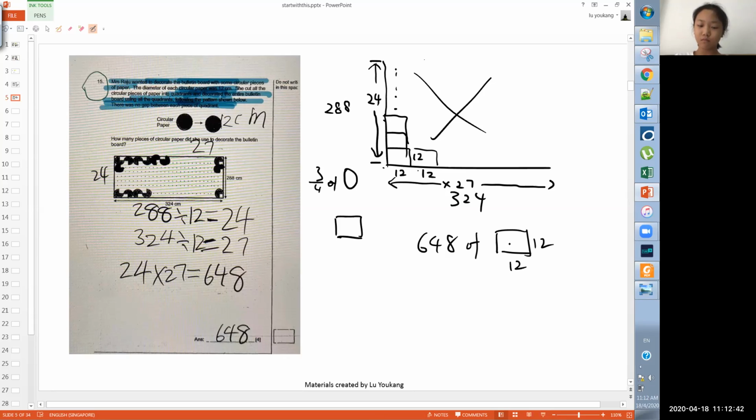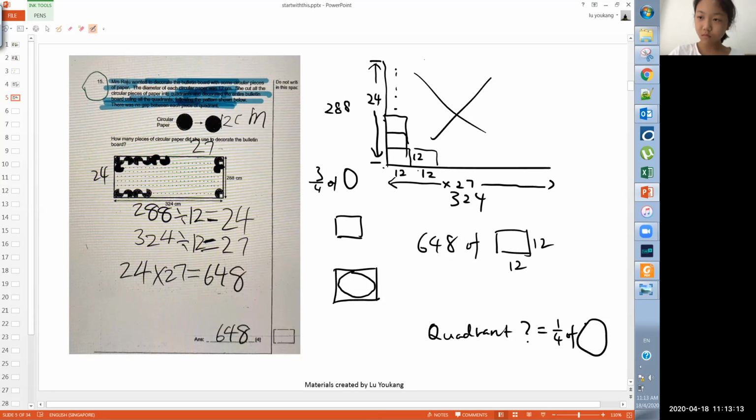And then inside this one square, you have how many quadrants? Do you know what the meaning of quadrant is? Quadrant means 1/4 of a circle.